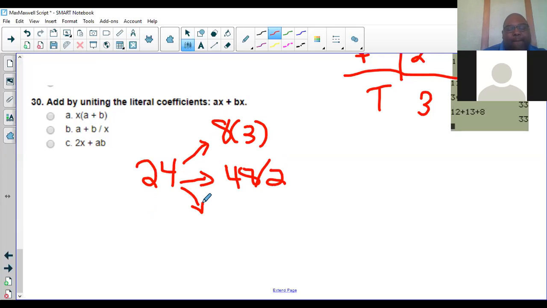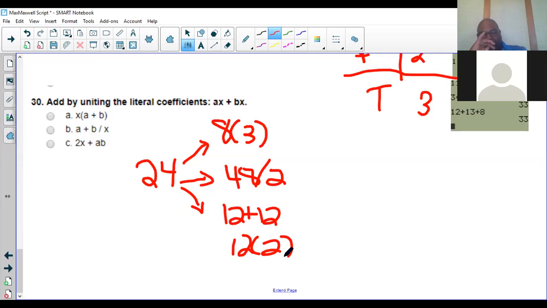Give me one more. 12 plus 12. Or 4 times 6. So these are all equivalent ways of looking at it.